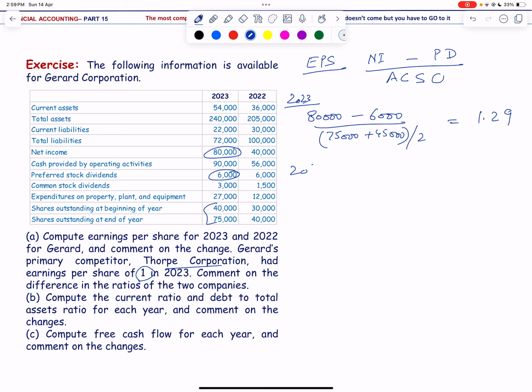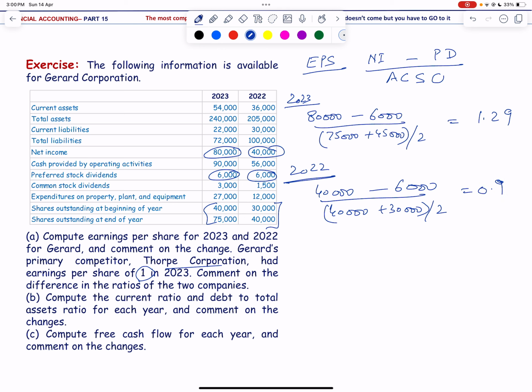For 2022, we have the net income of 40,000 and the preference dividend is 6,000, divided by the outstanding, that is 40,000 plus 30,000, divided by 2, and this is equal to 0.97. So you can see that the profitability as measured by the amount of income available for each share of common stock has increased from 0.97 to 1.29.